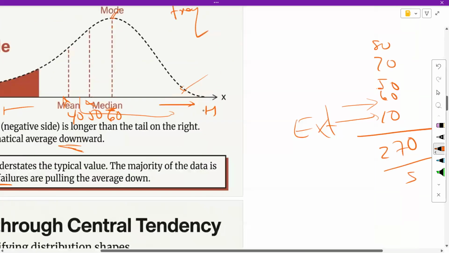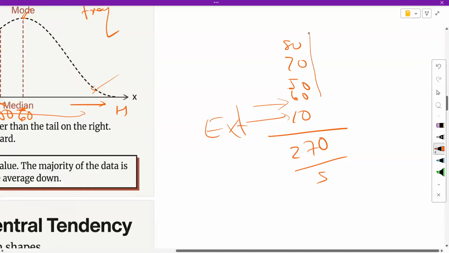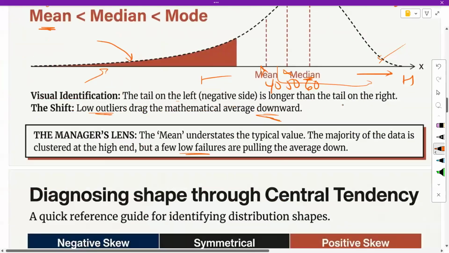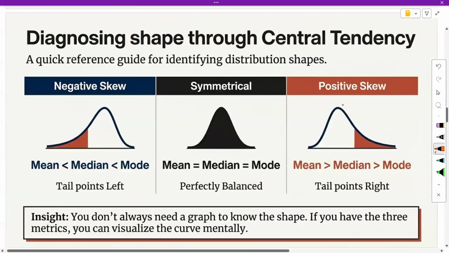You see here, most of them are aged people, but only one is very young. Due to this, the average is brought down. The mathematical average is not suitable here, so be very careful on that.